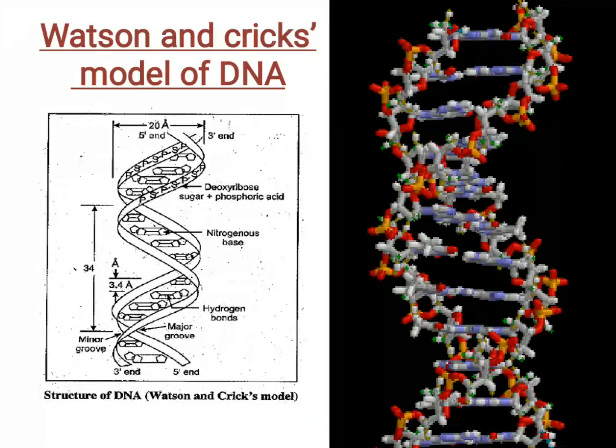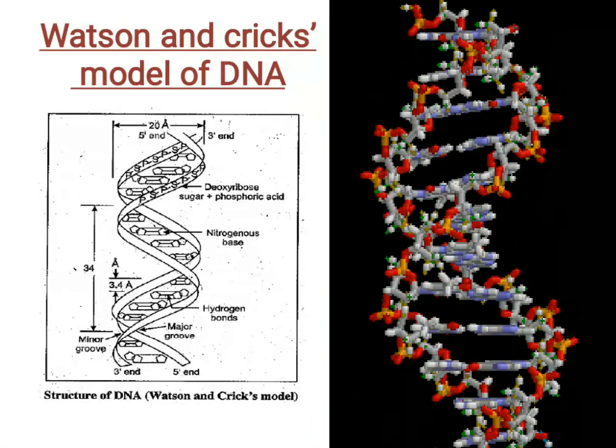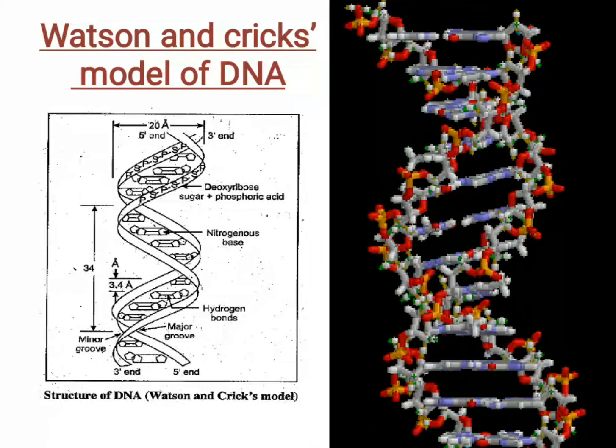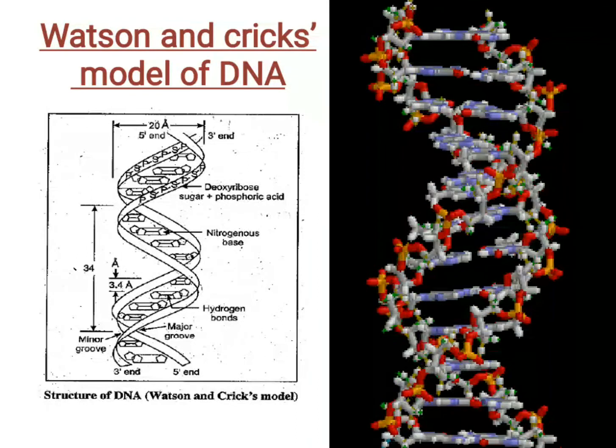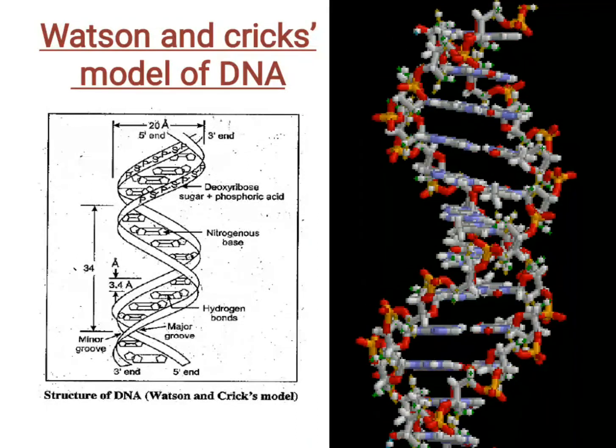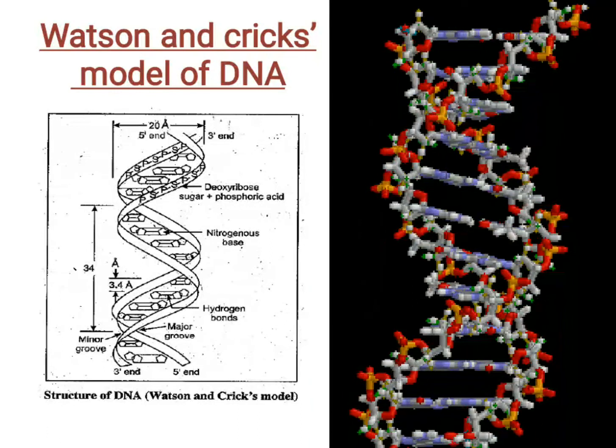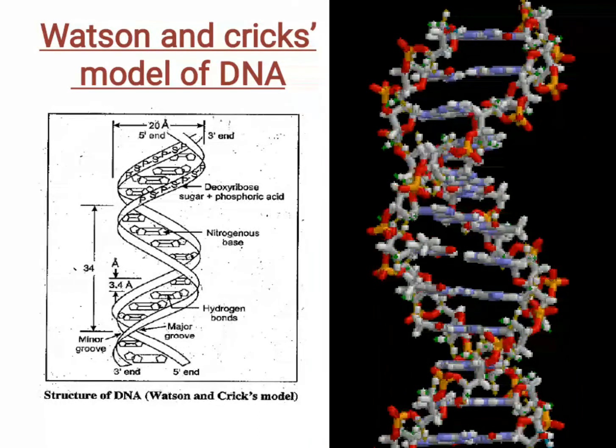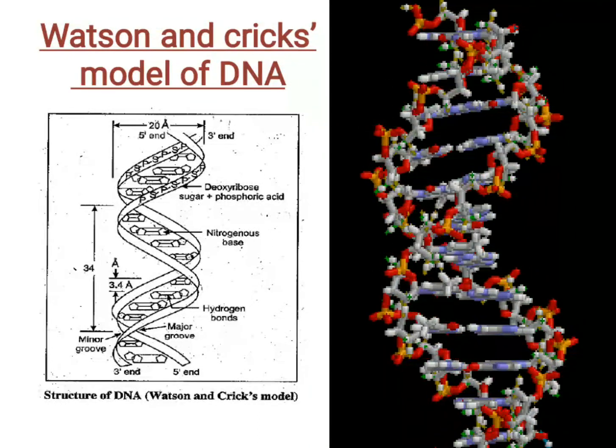Again, we must say that the plane of one base pair stacks over the other in the double helix. Thus, in addition to hydrogen bonds, it confers stability on the helical structure also.